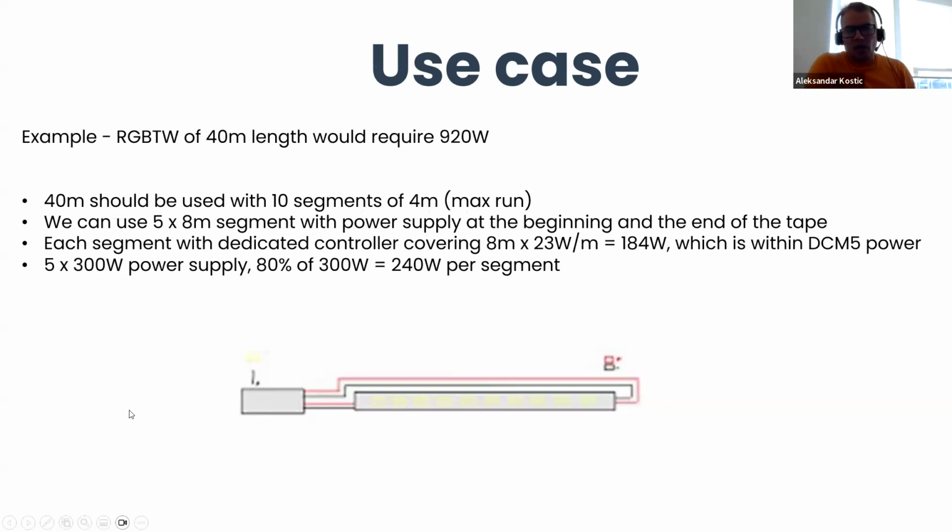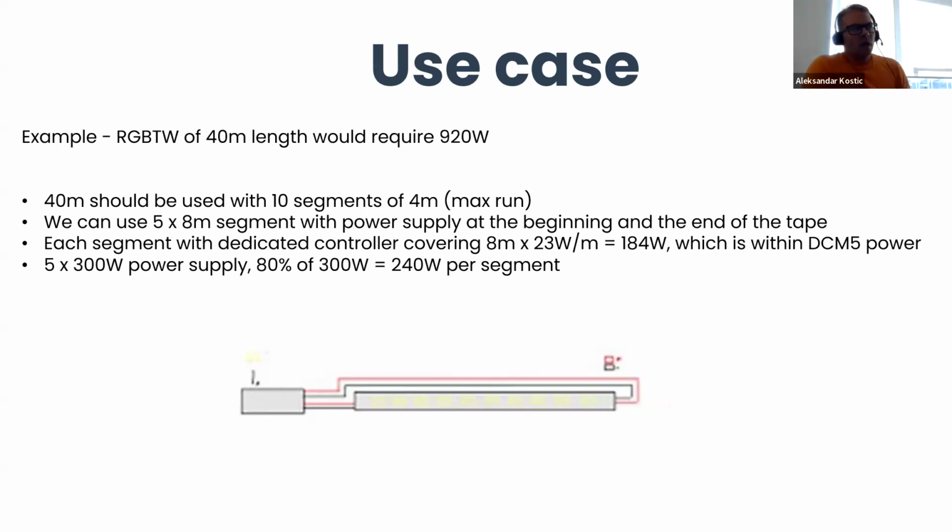And that way I conclude my design. I need 5 times 300 watt power supplies, 5 DCM5 controllers, and 40 meters of LED tape. And how will I wire it? I will wire each LED tape at the beginning and at the end from the power supply.